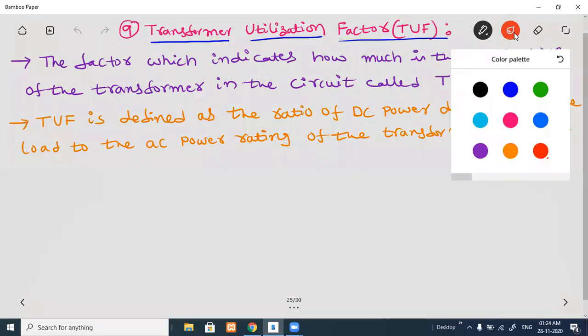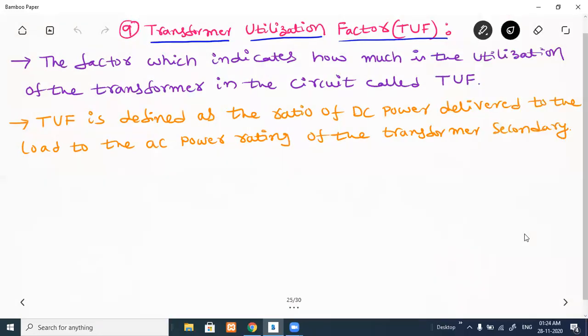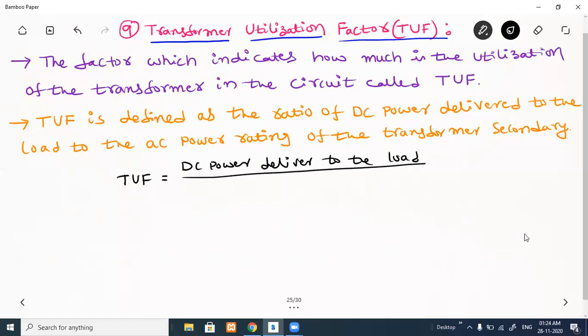So, for calculation of this TUF, we need DC power delivered to the load by AC power rating of the transformer.